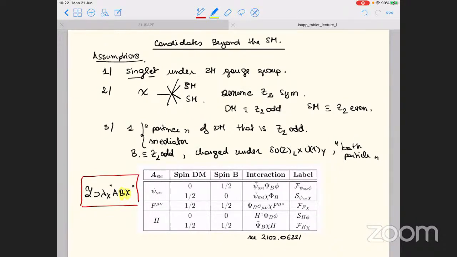Okay, so this is like a picture. It's not B times chi for all the possibilities, but the combination of bath particle and the dark matter will be Z2 even. And so that I can have a third character in this interaction, that would be a standard model particle that I will call A.